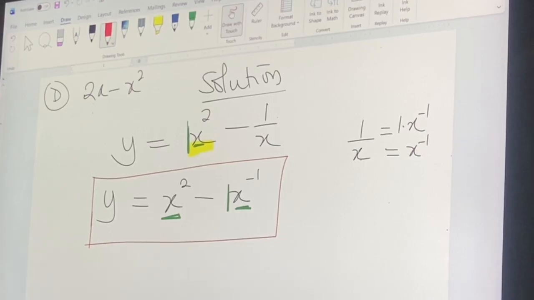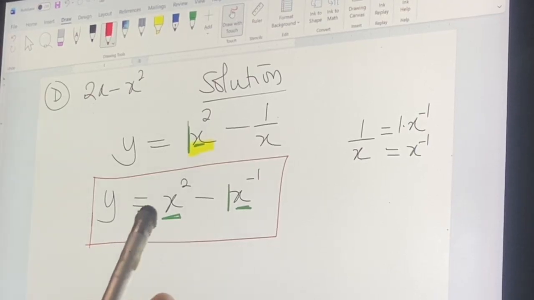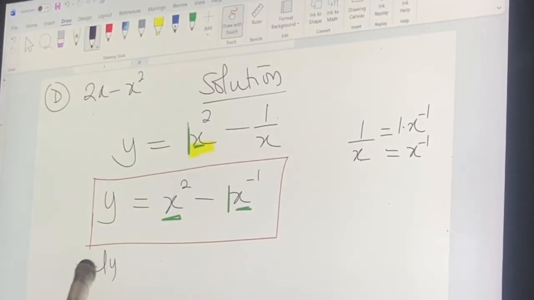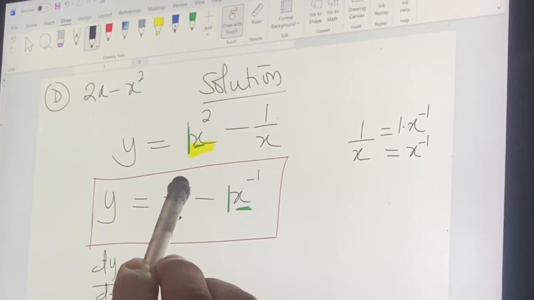So for every polynomial function, please listen to me carefully. To differentiate any polynomial function, we differentiate it term by term, one by one, using the power law. Okay, now let's differentiate this one by one using the power law. So I will have dy over dx is equal to: differentiate this using the power law.